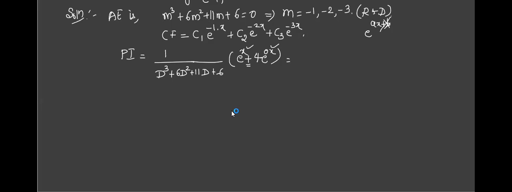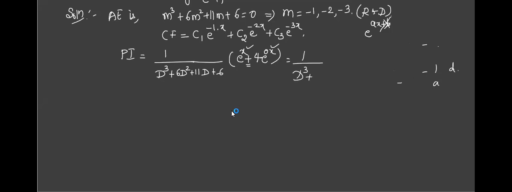See, for example, it is like 1 upon a plus b is there, and you have here c plus d. So I'm writing 1 upon a plus b operating on c, plus 1 upon a plus b operating on d. I'm just going to separate. You should know why I separated, because of 2 different procedures.